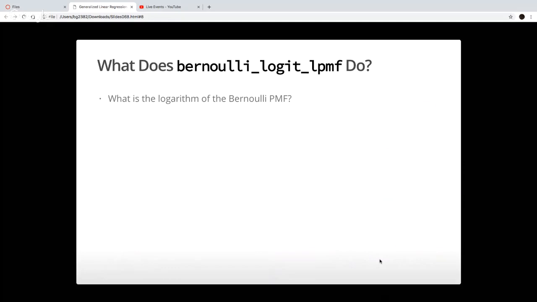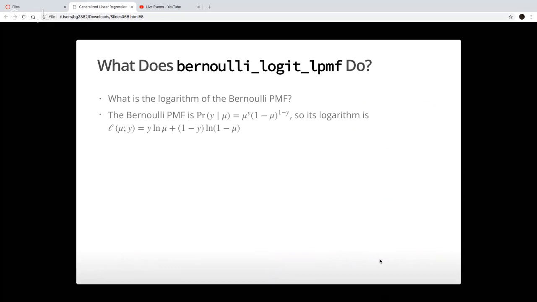Okay, what's the PMF of the Bernoulli distribution? Success probability raised to the y times failure probability raised to 1 minus y. There's no division or anything like that. Okay, then we take the logarithm of that.